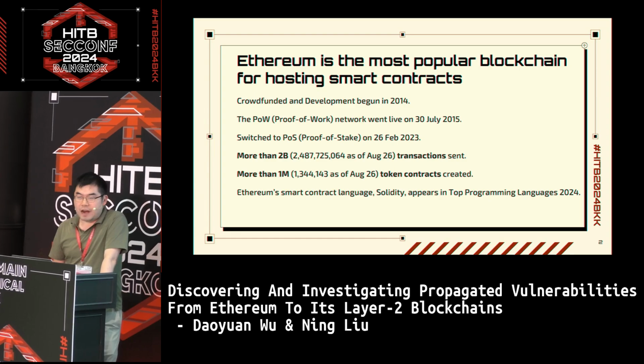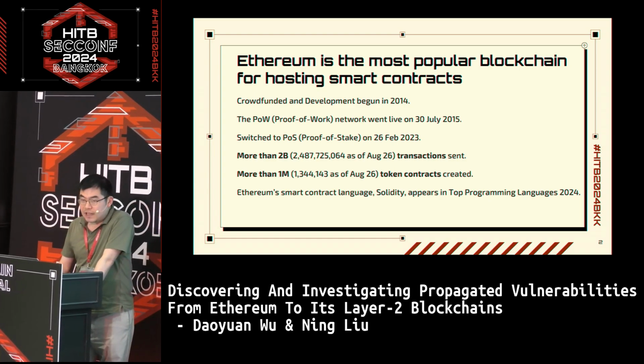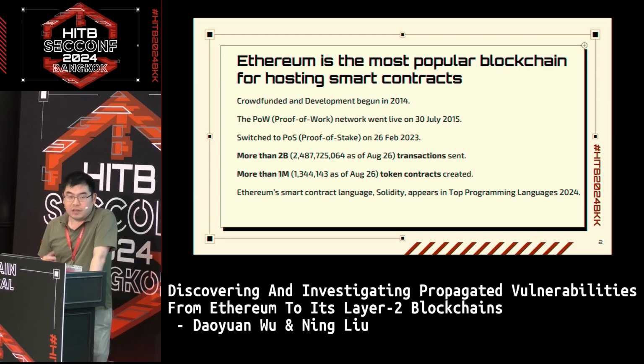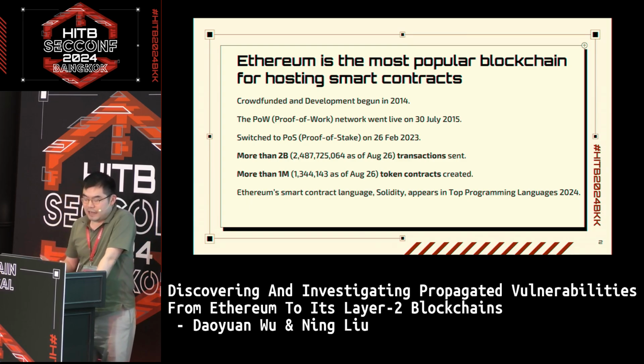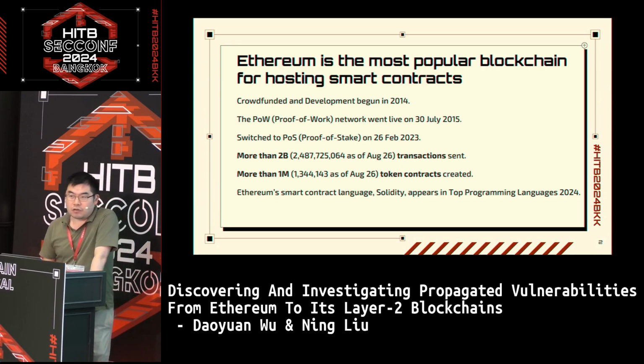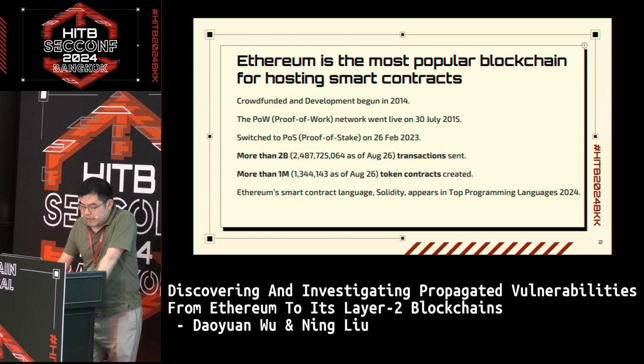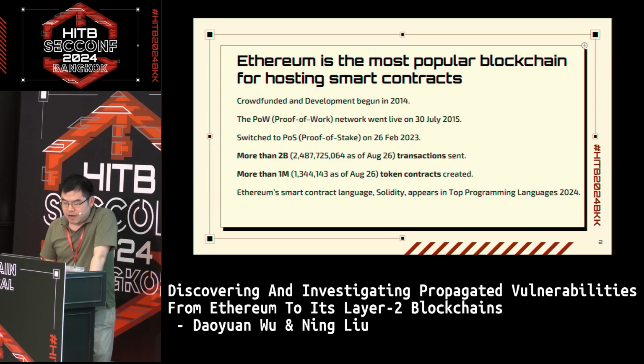That means each validator needs to stake a certain amount of ETH, the cryptocurrency of Ethereum, and a user can also delegate their ETH to different node providers. The nodes with more ETH staked will get more ETH interest. And currently the Ethereum network has become more environment friendly.